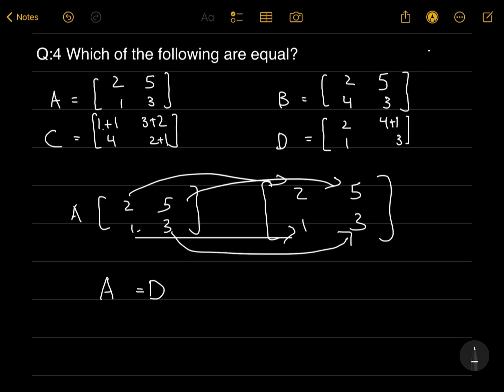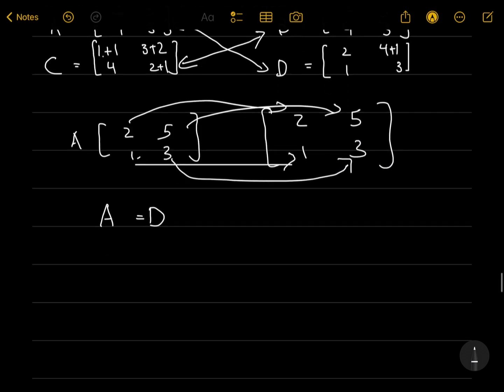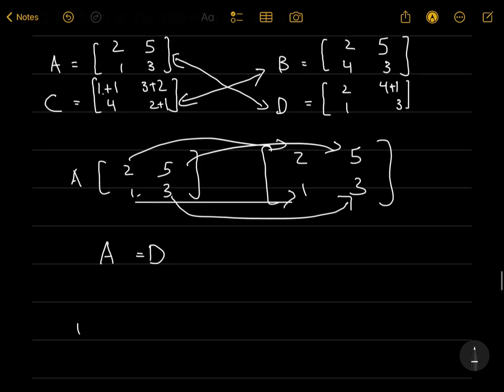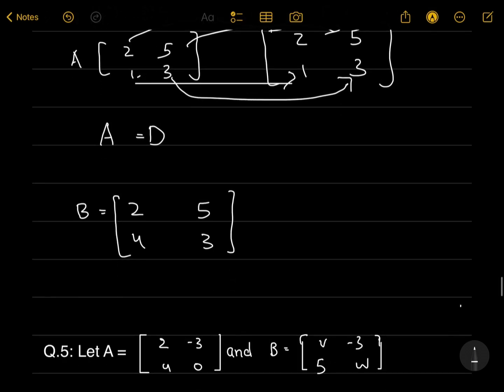So if these both are equal, let's match these two then. Let's match matrix B here. Matrix B is 2, 5, 4, 3. I'm out of space here, so let's just compress it a bit.